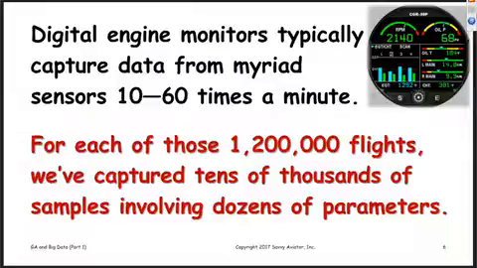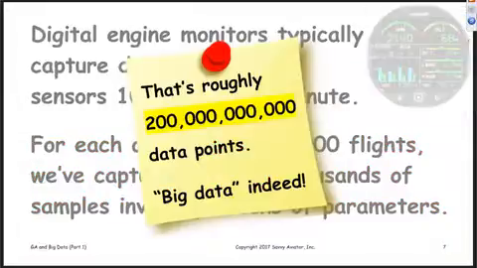So a back of the envelope calculation indicates that we probably have 200 billion data points in our database. It's a little hard to even imagine that. It's all stored in the cloud on an Amazon server, all encrypted, so it's safe.